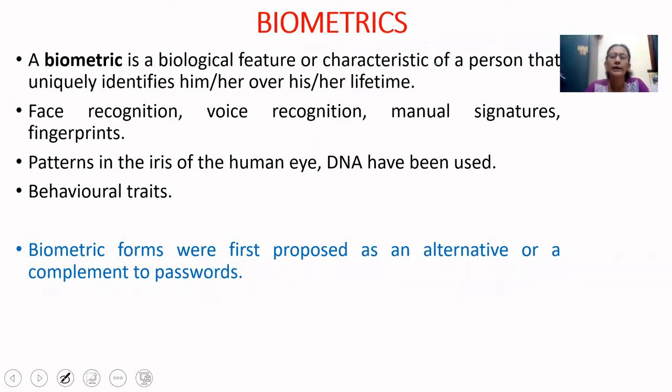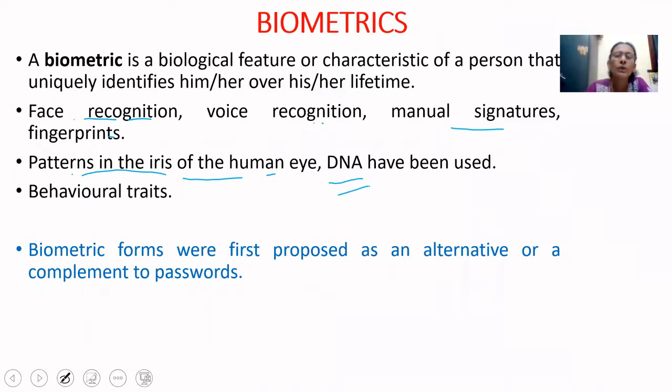In earlier times, what we were using as biometric features were face recognition, voice recognition, manual signatures, and fingerprints. These are all methods or biometrics that we have been using. Recently, patterns in the iris of the human eye have been used. DNA has also been used.